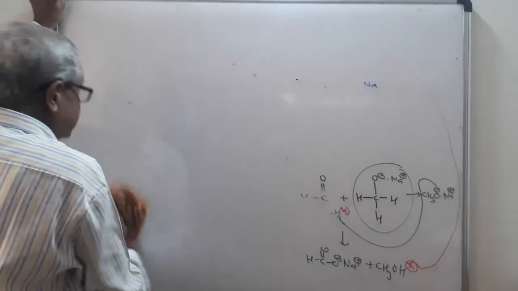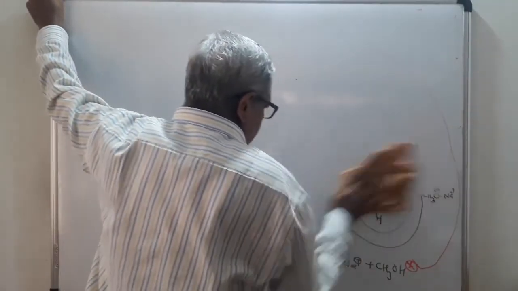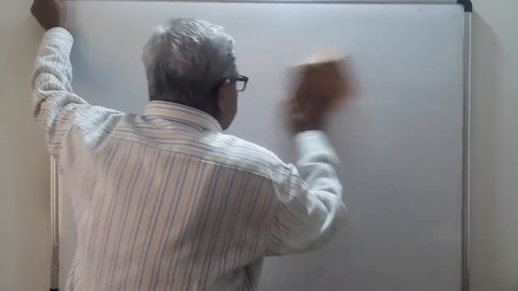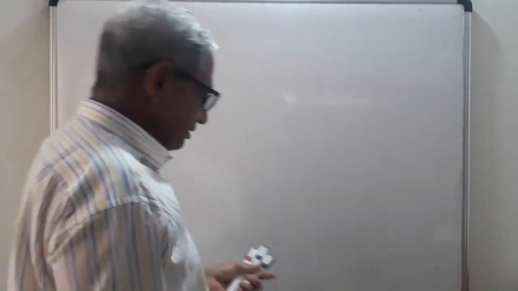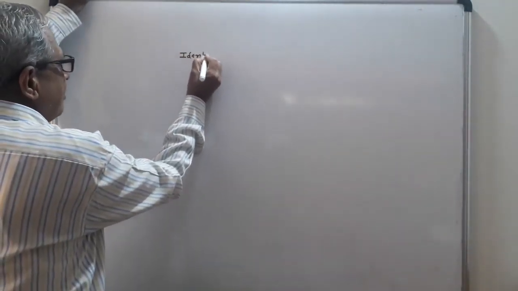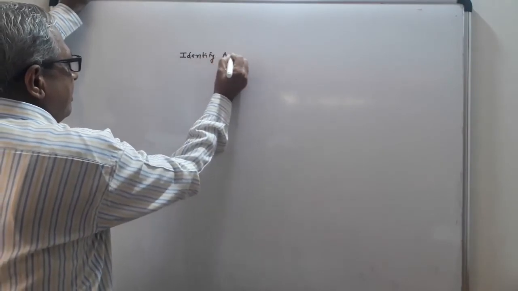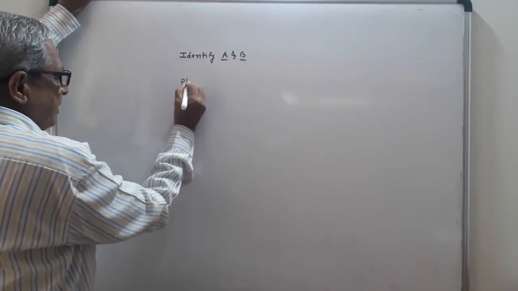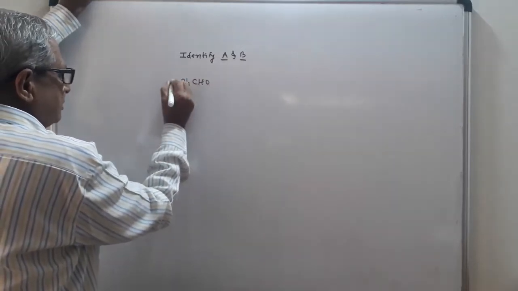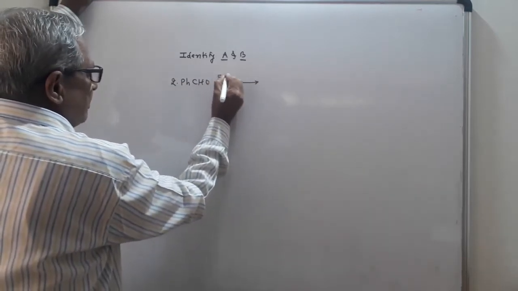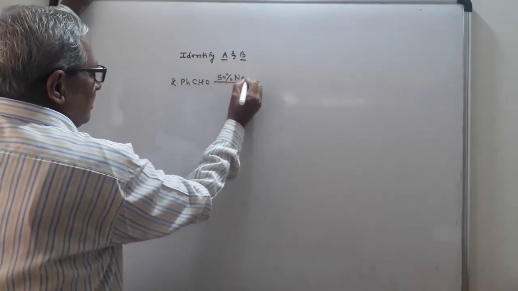Now I will take the next point, crossed Cannizzaro reaction. Before that, I will set the question, identify A and B. See the question like this, PhCHO, 2 molecules. It is treated with 50% NaOH.